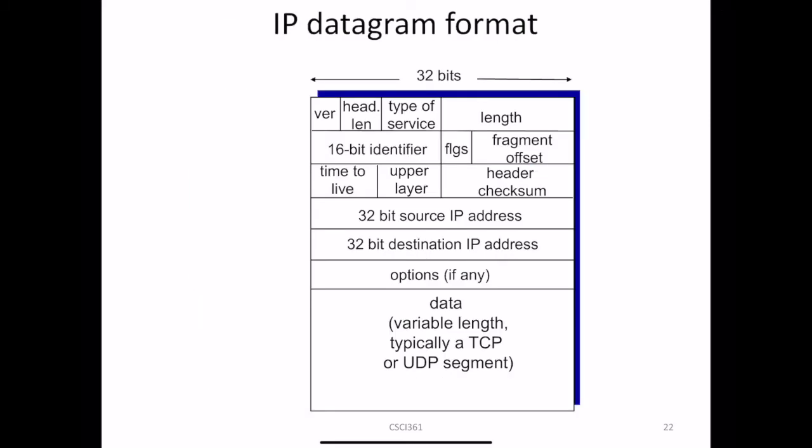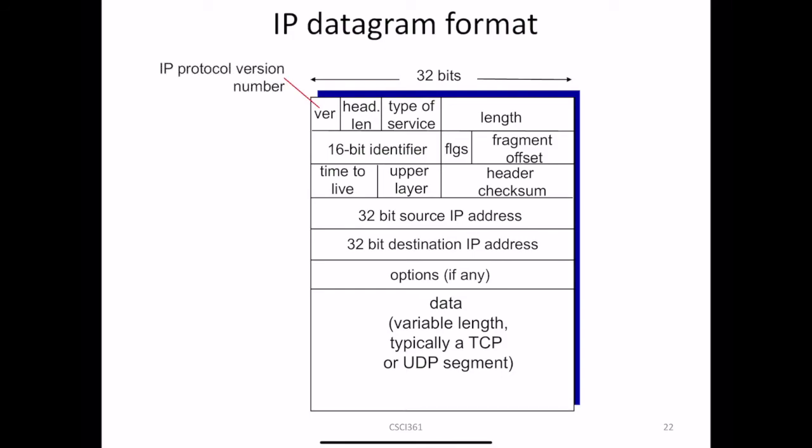Then let's see the IP datagram format. Each line is 32 bits long, and the header includes a number of fields. Let's introduce them one by one to see the meaning of each field.